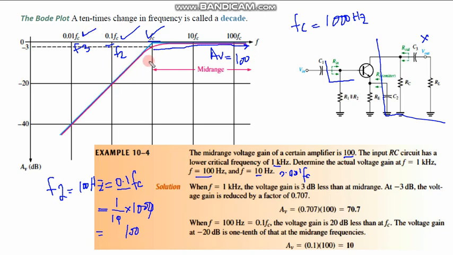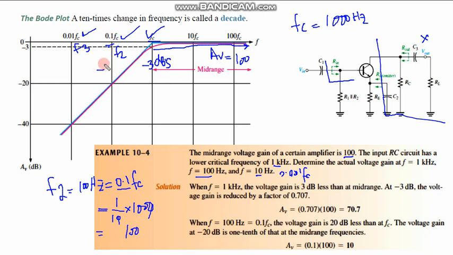We know that the voltage gain reduction at FC is minus 3 dB, which we proved mathematically, and this is minus 20 dB over here.